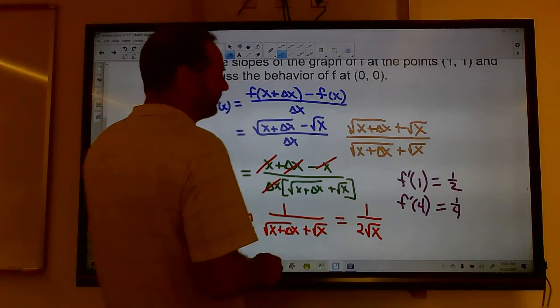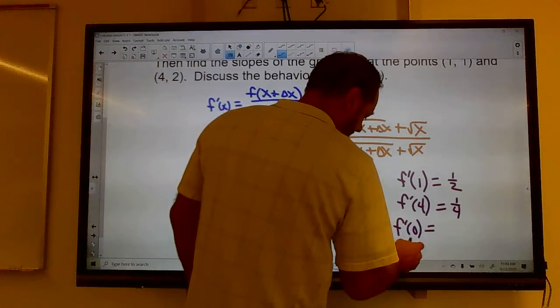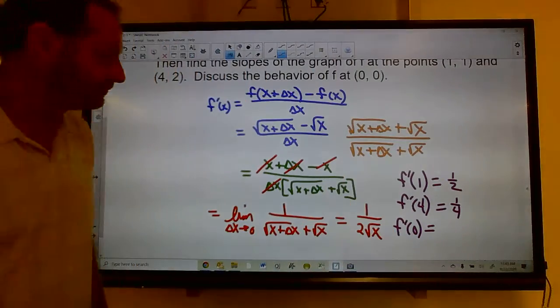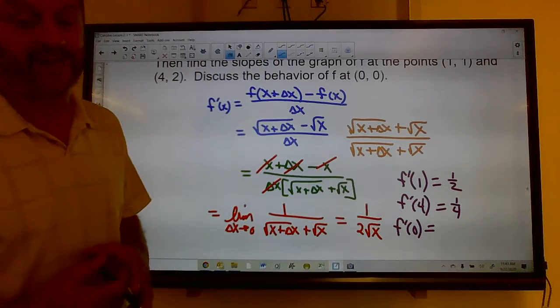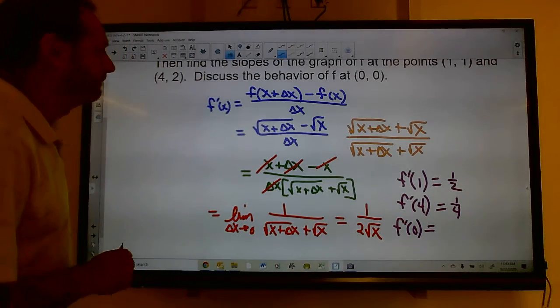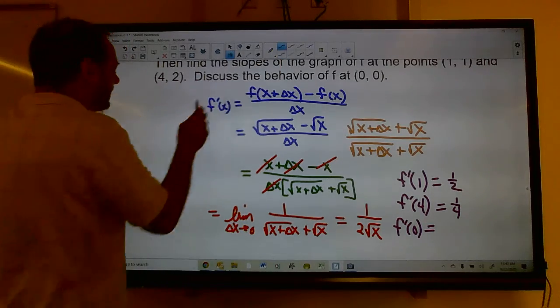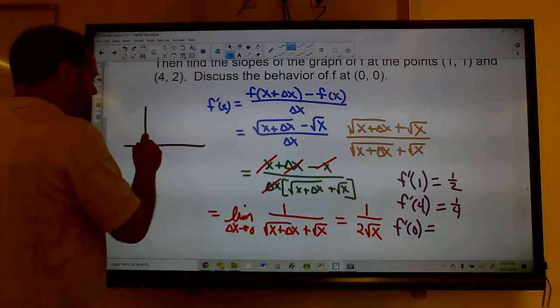And what about at 0? If I find f prime of 0, that's a problem because I get 0 in the denominator, and I can't do that. So if you look at the graph, the graph looks like this.